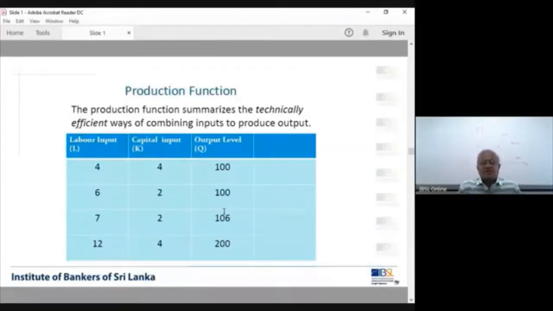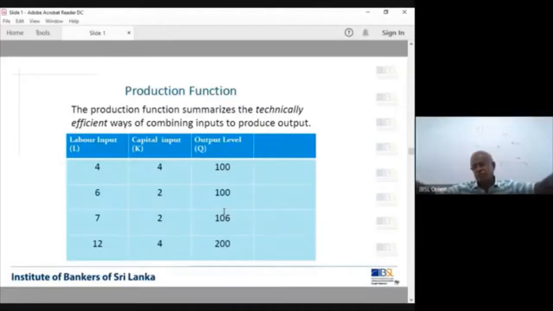The production function summarizes the technically efficient ways of combining inputs to produce output. When a farmer produces paddy, the inputs are seed paddy, weedicide, insecticides, and labor.